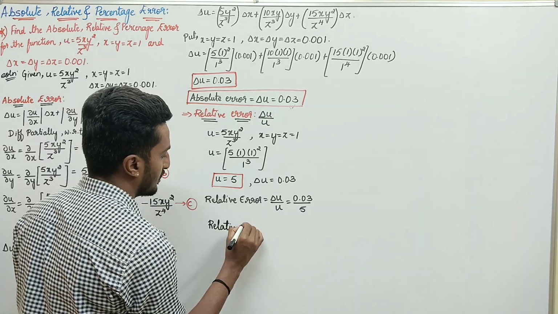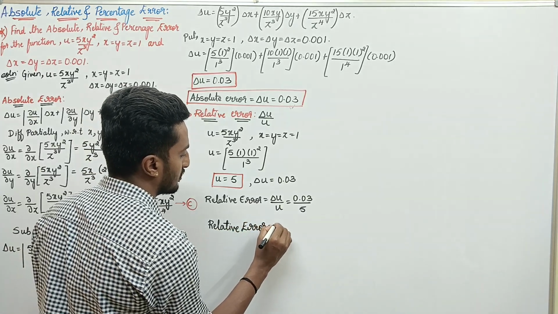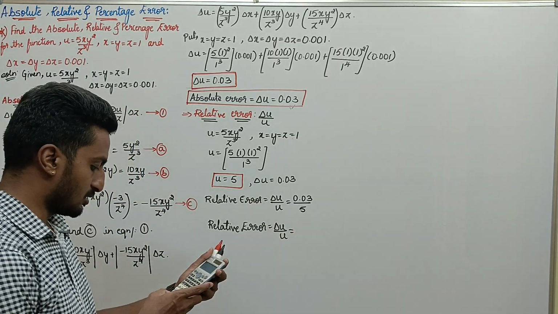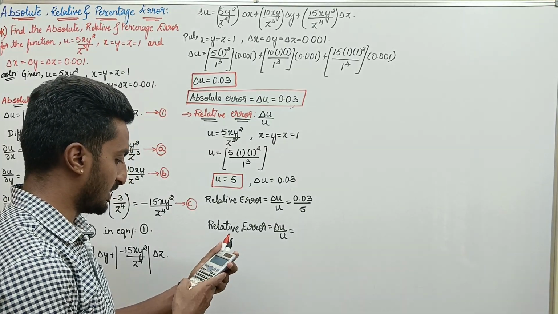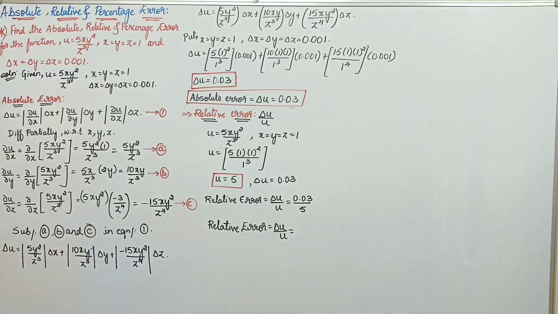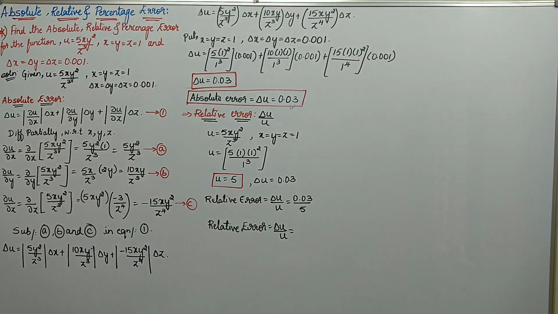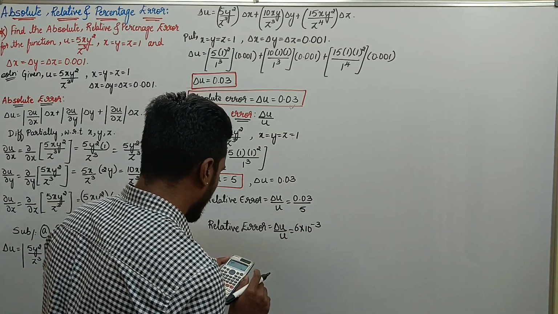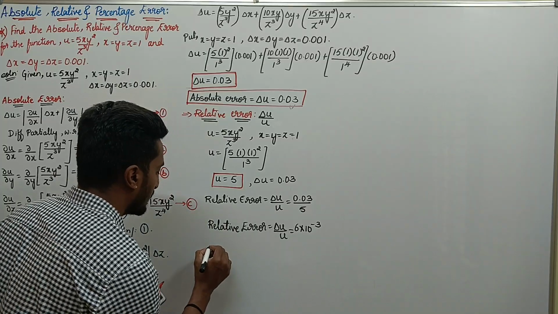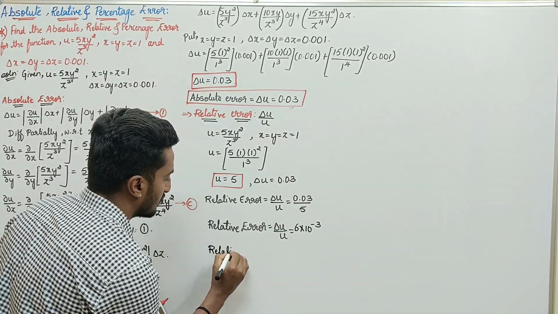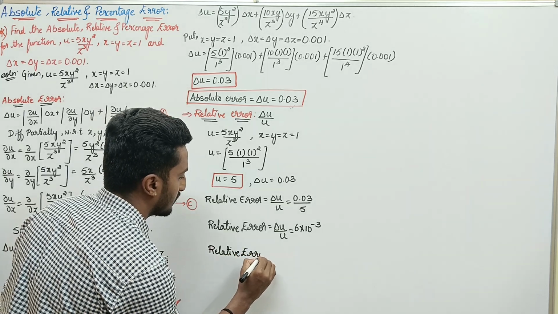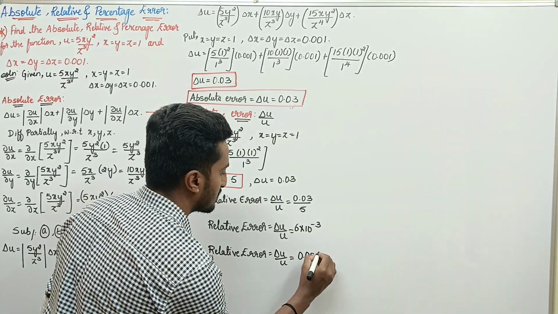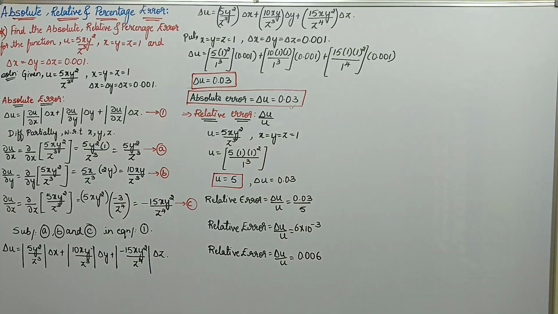After finding del u by u, you get 6 into 10 to the power of minus 3, or else if you press shift eng twice, you get relative error del u by u equal to 0.006. This is the value of relative error.